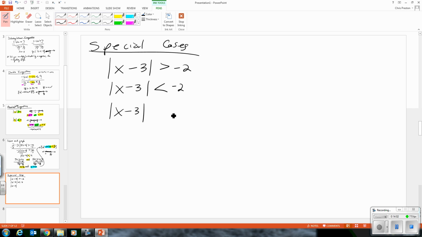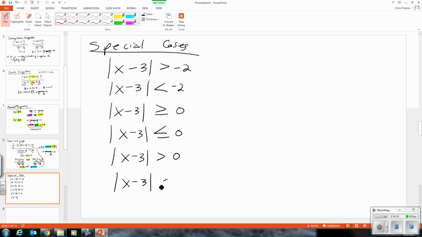Greater than or equal to 0. Less than or equal to 0. Greater than 0. Less than 0. Okay? So my claim is on all of these, I can make the determination of what the answer is without really doing any work, or minimum work.